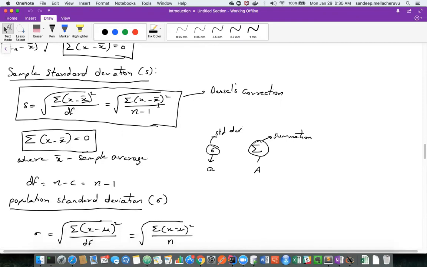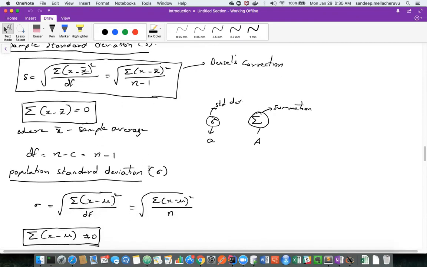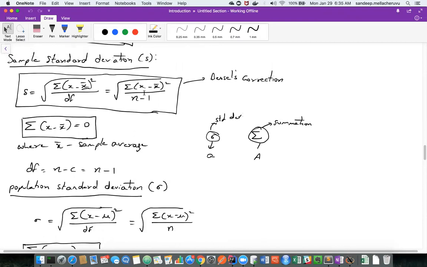So population standard deviation is completely different from sample standard deviation, wherein the degrees of freedom in population is n and the degrees of freedom in sample is n minus 1.